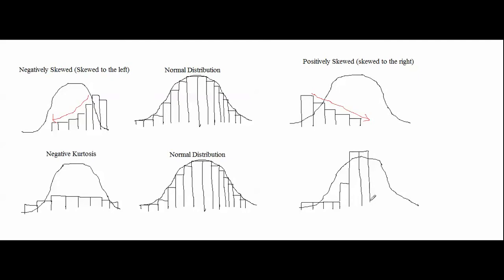And then it goes down suddenly again, goes down pretty quickly, and then it becomes this flat tail down here. So we have these flat tails, and then we have this sudden tall peak in the middle.